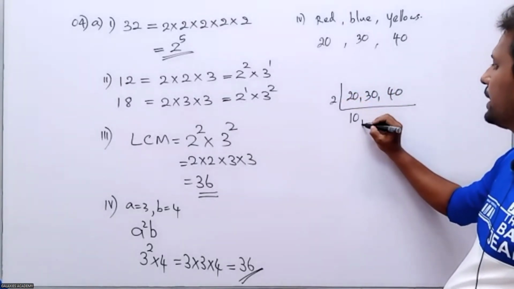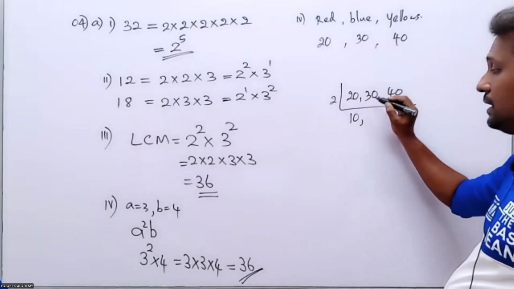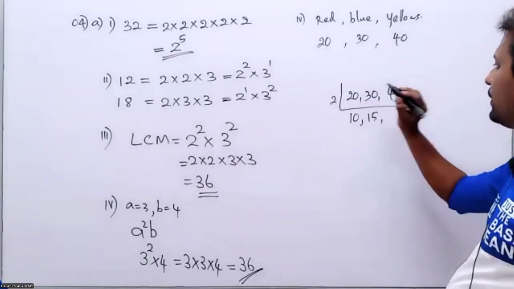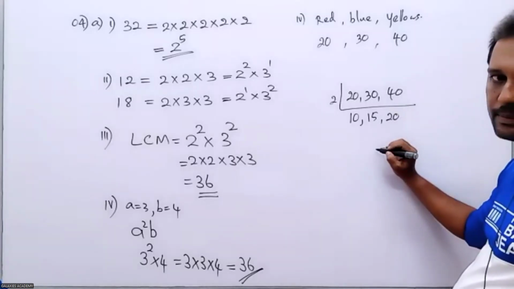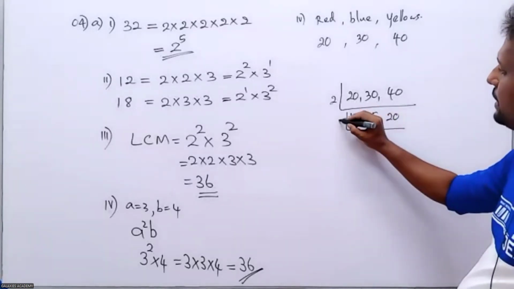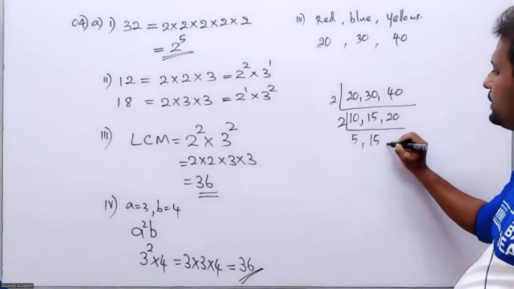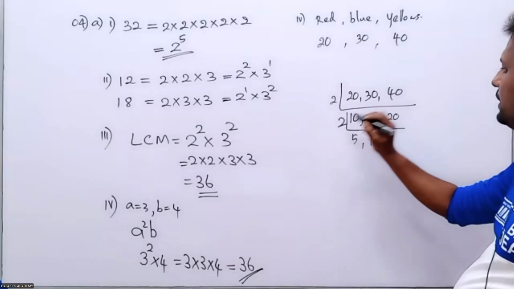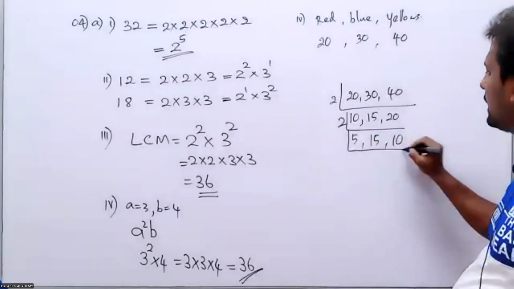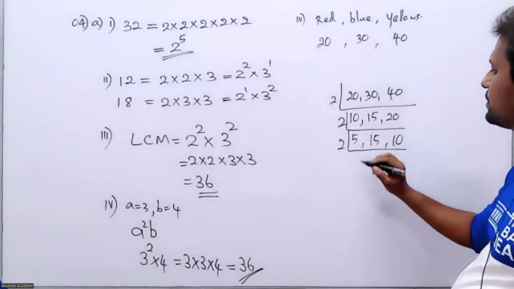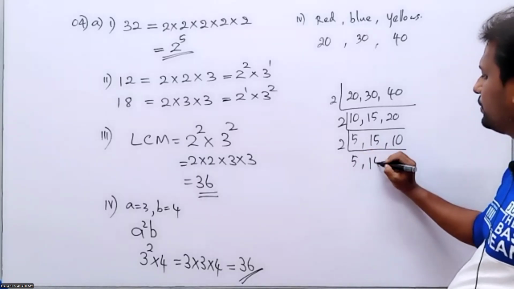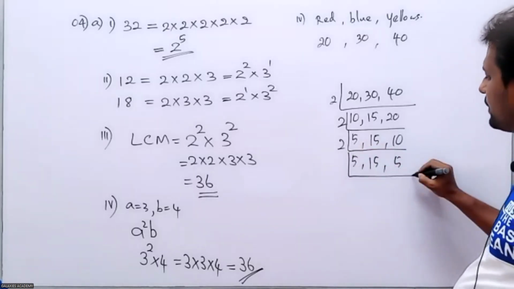20 divided by 2 is 10, 30 divided by 2 is 15, 40 divided by 2 is 20. Again I can divide by 2: 10 divided by 2 is 5, 15 is not divisible, 20 divided by 2 is 10. Again divide by 2: 5, 15, 5.